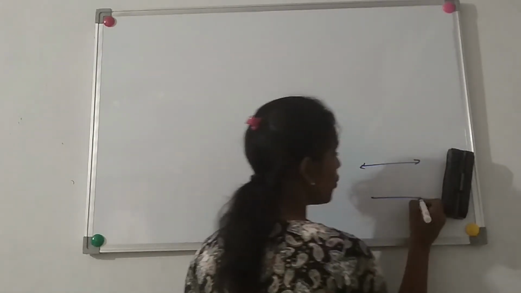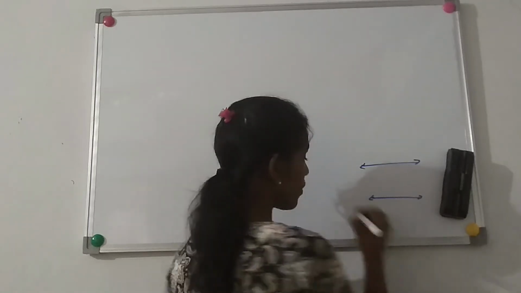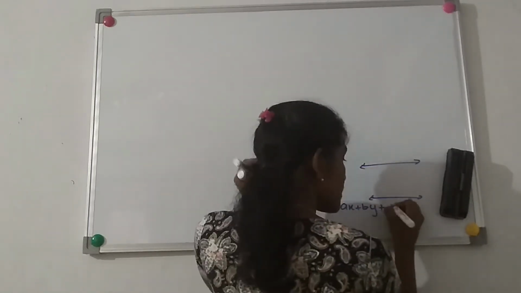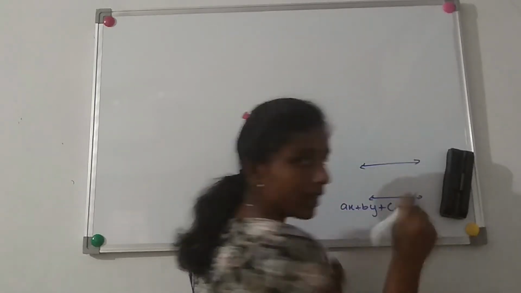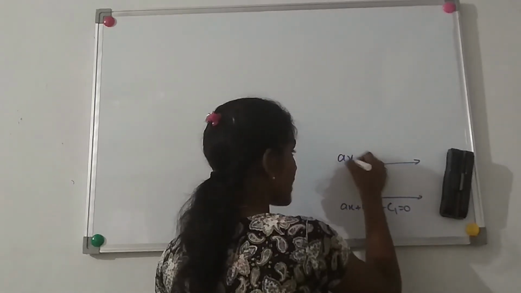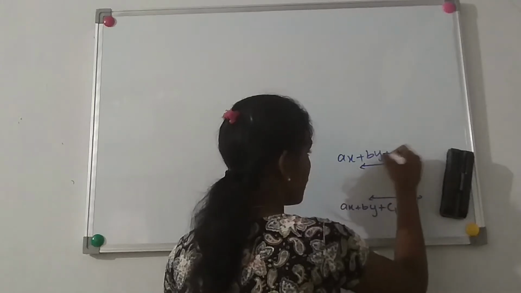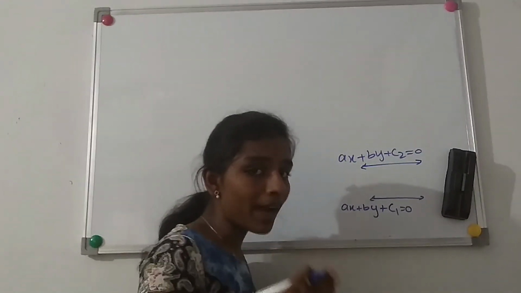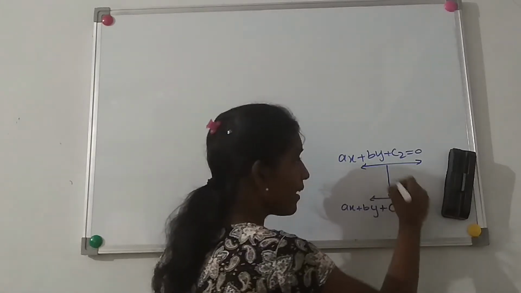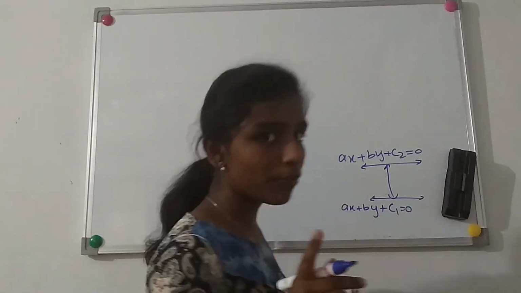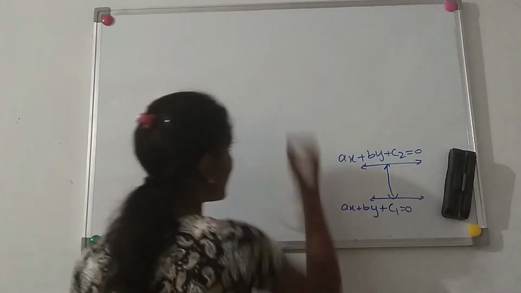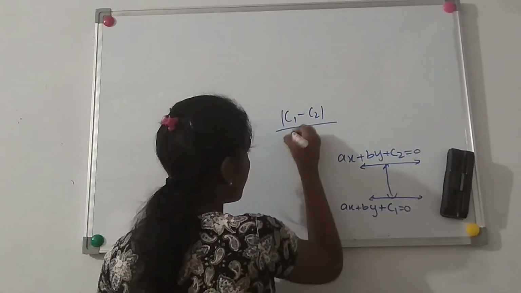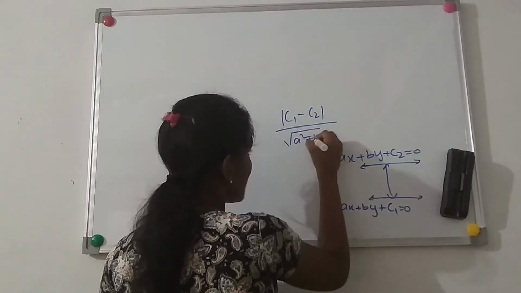If you have two parallel lines, ax plus by plus c1 equals 0, and the other line is ax plus by plus c2 equals 0, then how do you find the distance between these two parallel lines? You have one formula, do you remember? Yeah, that is c1 minus c2 by root of a square plus b square.